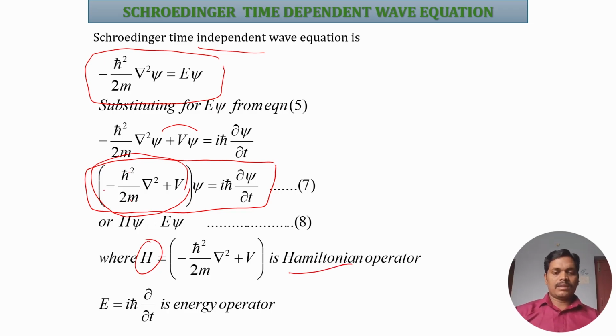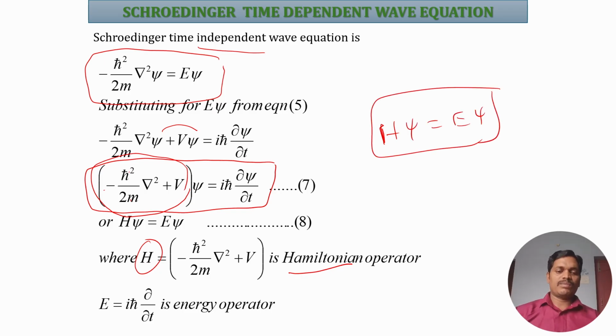So iħ ∂ψ/∂t is actually Eψ, so you can say Hψ = Eψ. This is the time dependent wave equation. In equation 7 there is a term related to time, that's why it is the time dependent wave equation. I hope you understand the time independent as well as time dependent wave equation clearly.